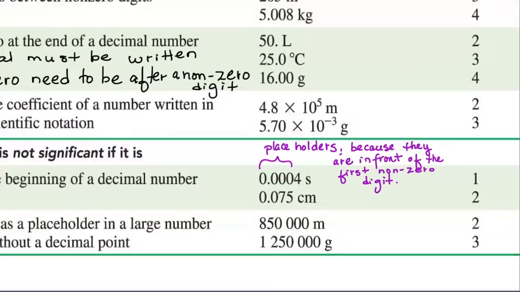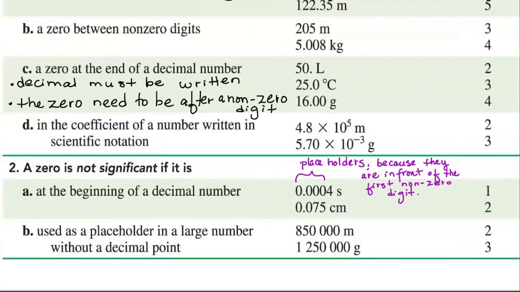Similarly, in rule 2B, those zeros are also placeholders. The reason they're placeholders is because they're just trailing, they're after non-zero digits. For example, in the first measurement, it says 850,000 meters. That is only 2 sig figs, because the role of those zeros is to tell you that we have a very large number.